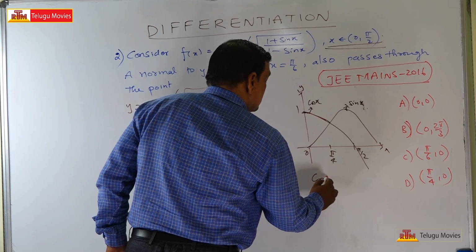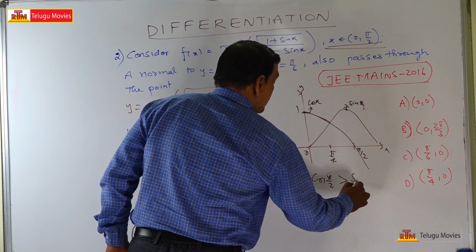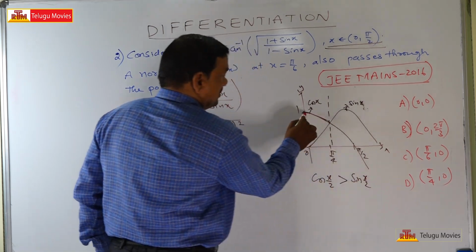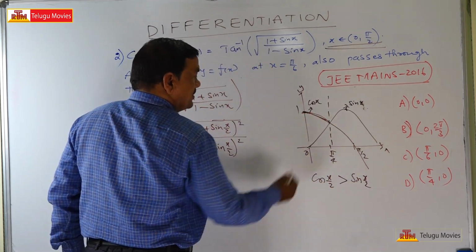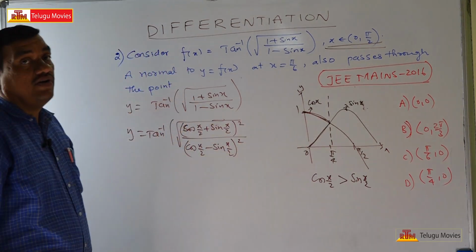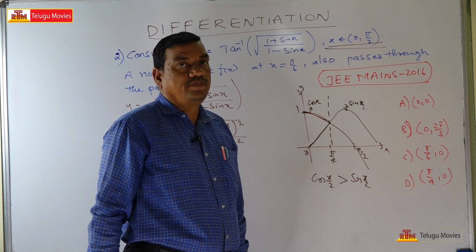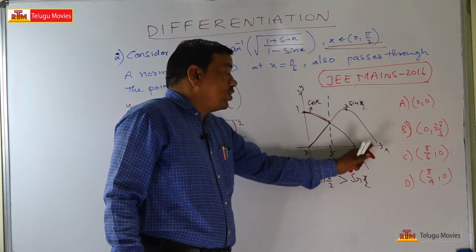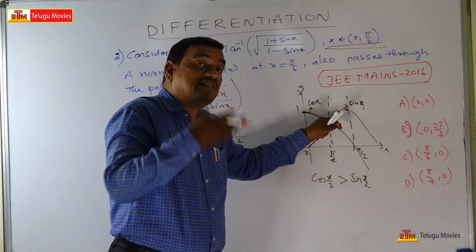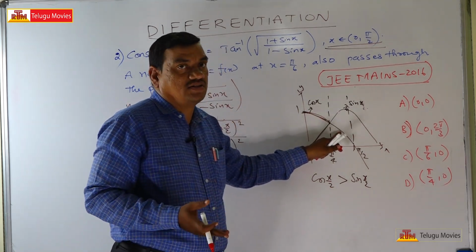Cos x/2 is greater than sin x/2. Observe here: the cos x/2 curve is greater than the sin x/2 curve in the interval 0 to pi by 4. If you take pi by 4 to pi by 2, in that interval sin x is greater than cos x.